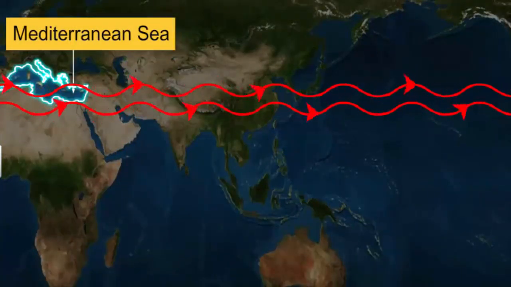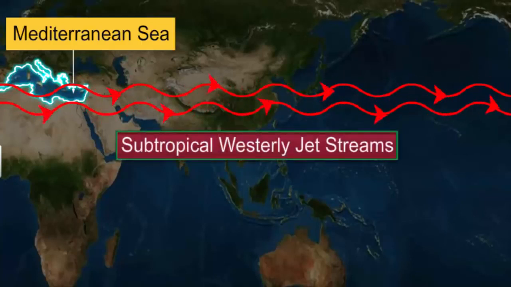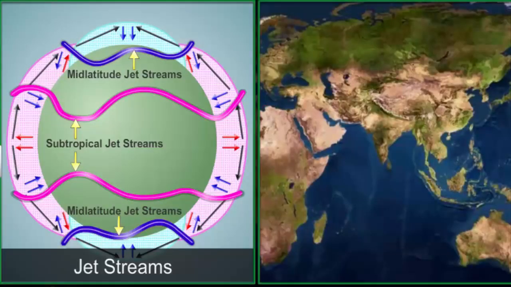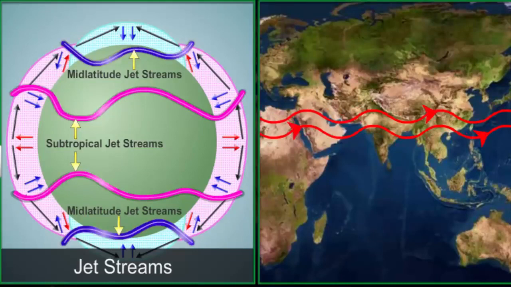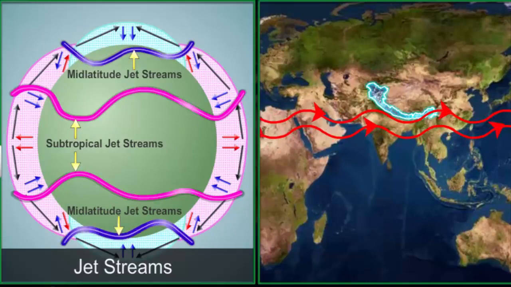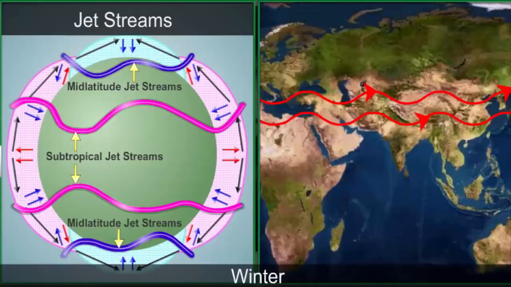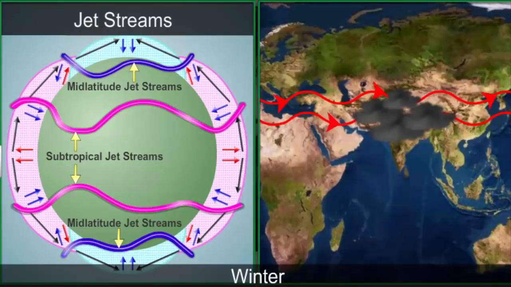Over India, these westerly jet streams blow south of the Himalayas all through the year. In winter, they bring in the western cyclonic disturbances in the north and northwestern regions of India.